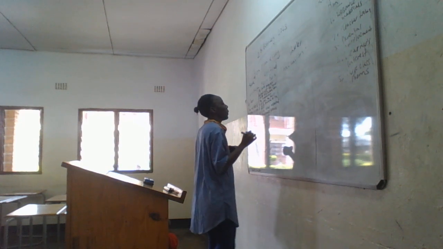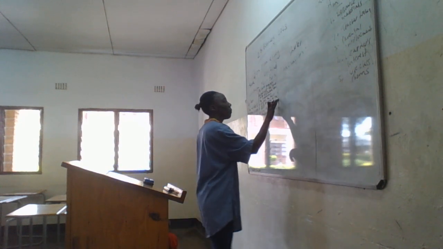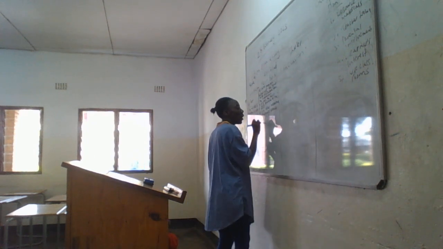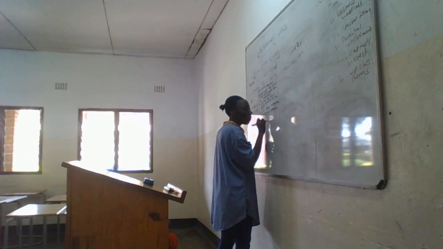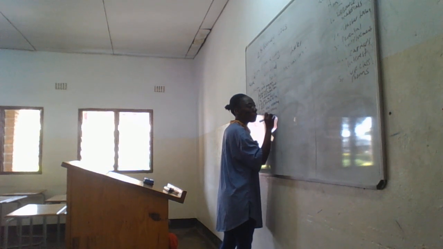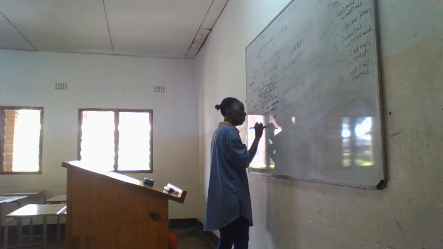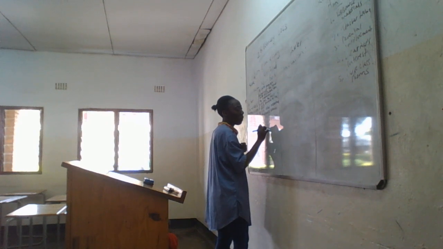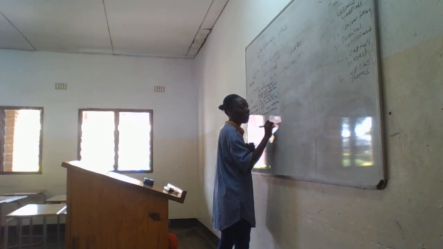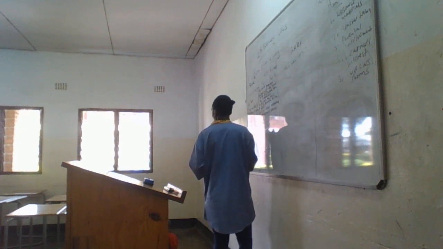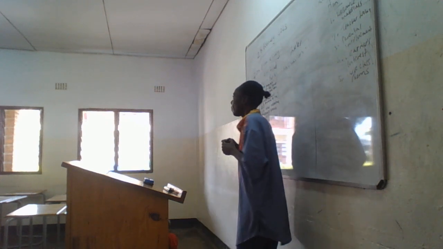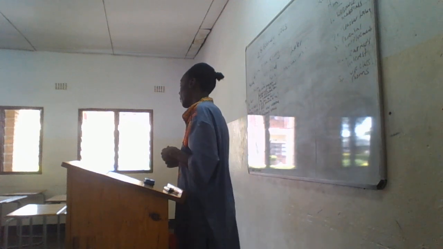Okay? Give other researchers, professionals views on the point. And then your own opinion of the point. Your own opinion of the point. Okay? And then the summary of the point. Okay? Clear?